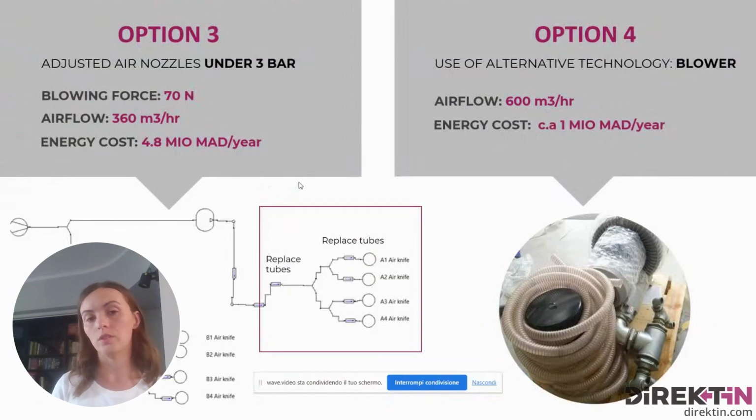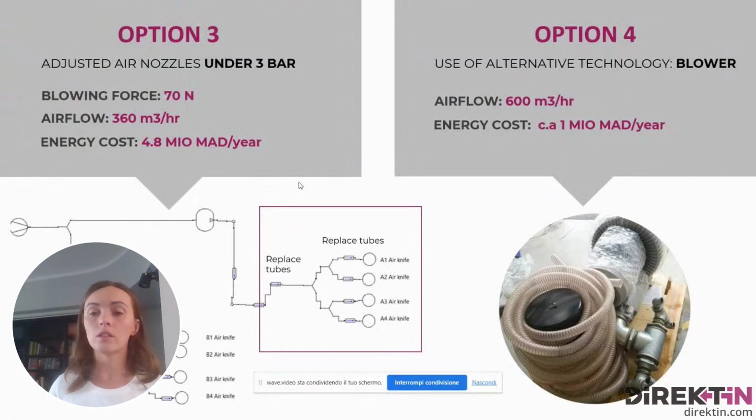The flow here would be 360 cubic meters, but in this case, you need to replace all the tubes anyway, so you need to adjust the system so the customer wouldn't have fluctuation of the flow and fluctuation of the pressure, because this was the main concern, not the quality, because quality sometimes was yes or no, but the problem was the pressure fluctuation. The energy cost in this case would be about 4.8 dirham. So this is already lower in comparison, about 25% savings.